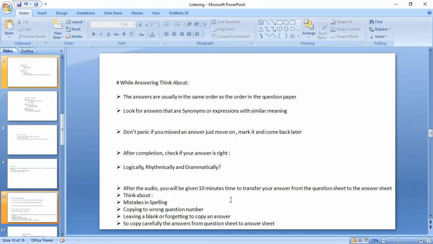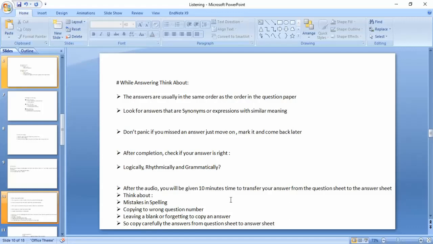And in the audio, you might hear something like, oh, the ring is beautiful. Now you have to know that the word beautiful means the same as elegant in the question. That means these are synonyms, and that means this piece of information is correct or true.